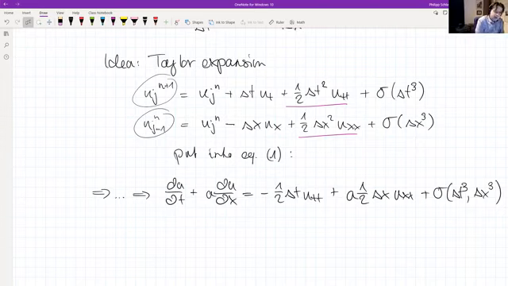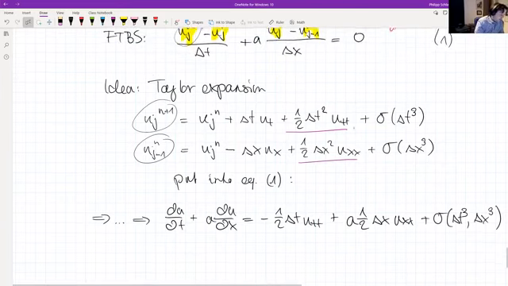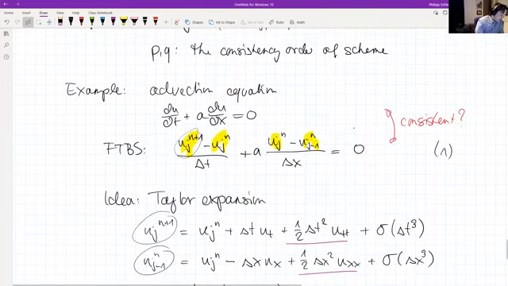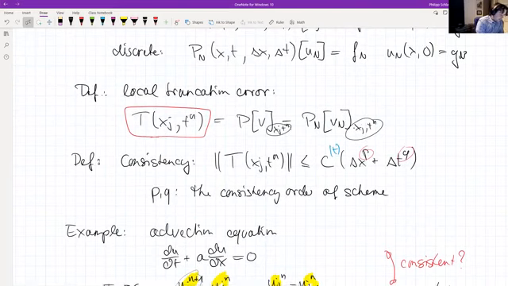Okay, and now we would like to calculate the truncation error. So that means I need to calculate the difference between the exact equation and the discretized equation.